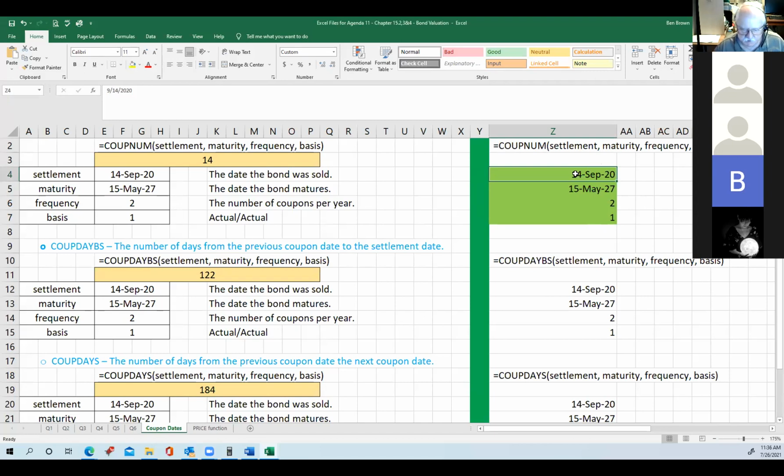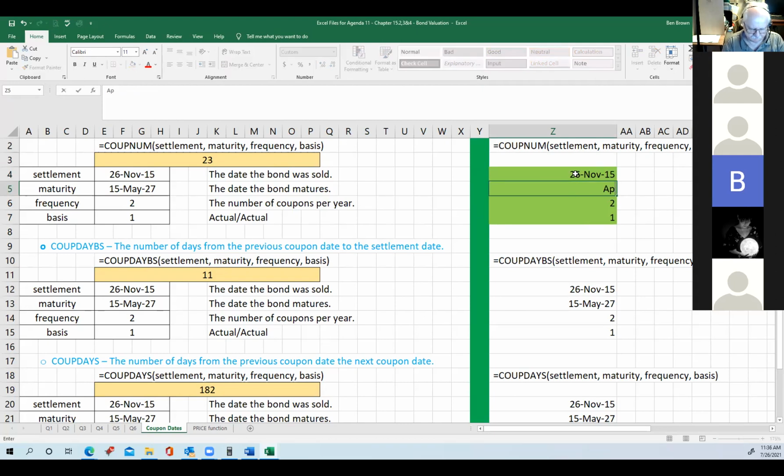So the settlement date we decided was November 26, 2015, and the maturity date was April 15, 2031.